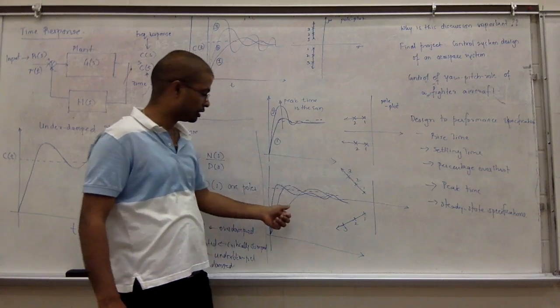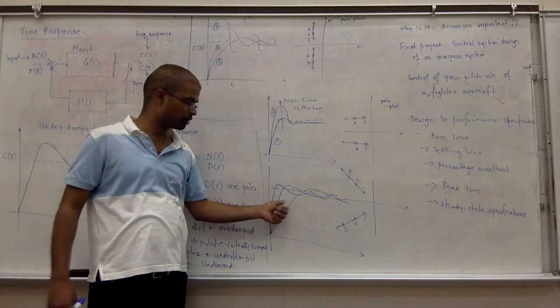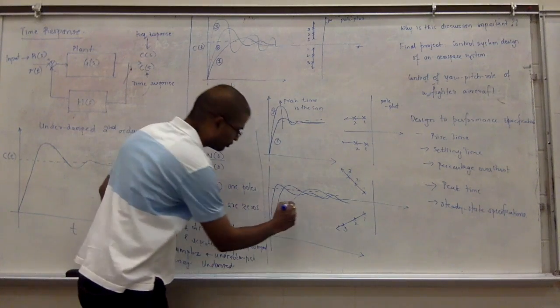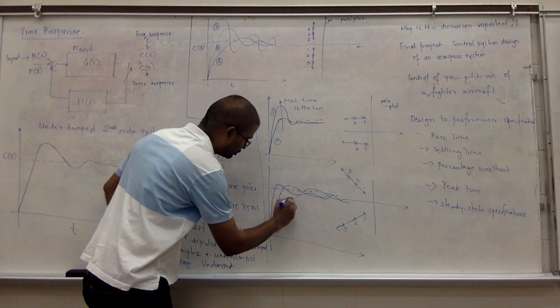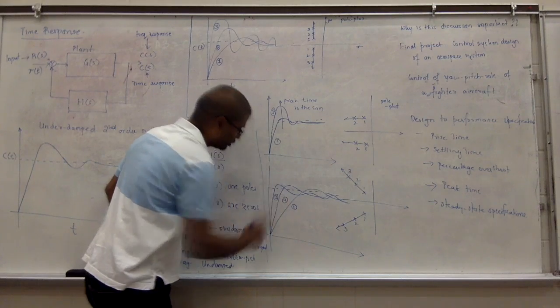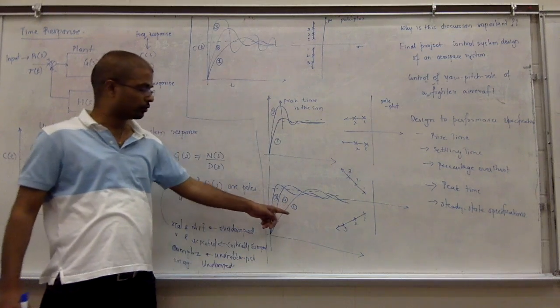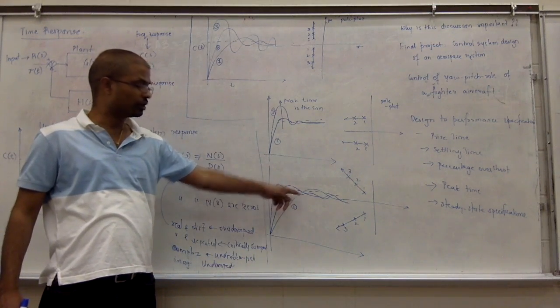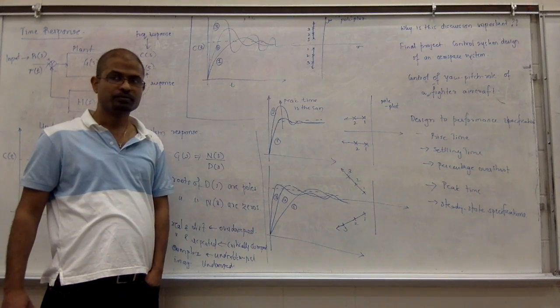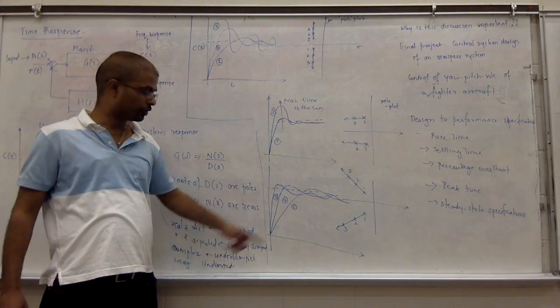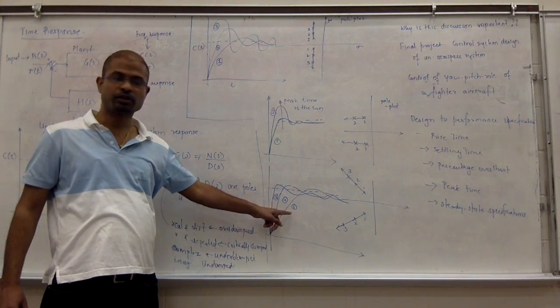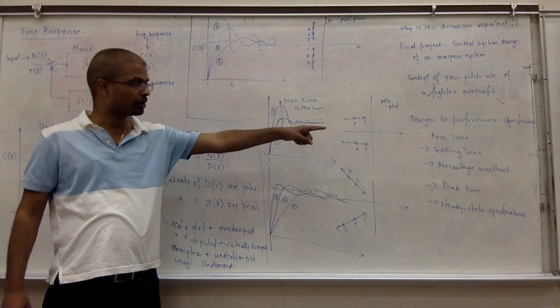So you see this rise time and this rise time. Between these two systems, let's do this. 1, 2, 3. For which of these systems is the rise time the least? 3, right? So if you have designed a system and the response of that system is 1, you have not met the rise time requirement.